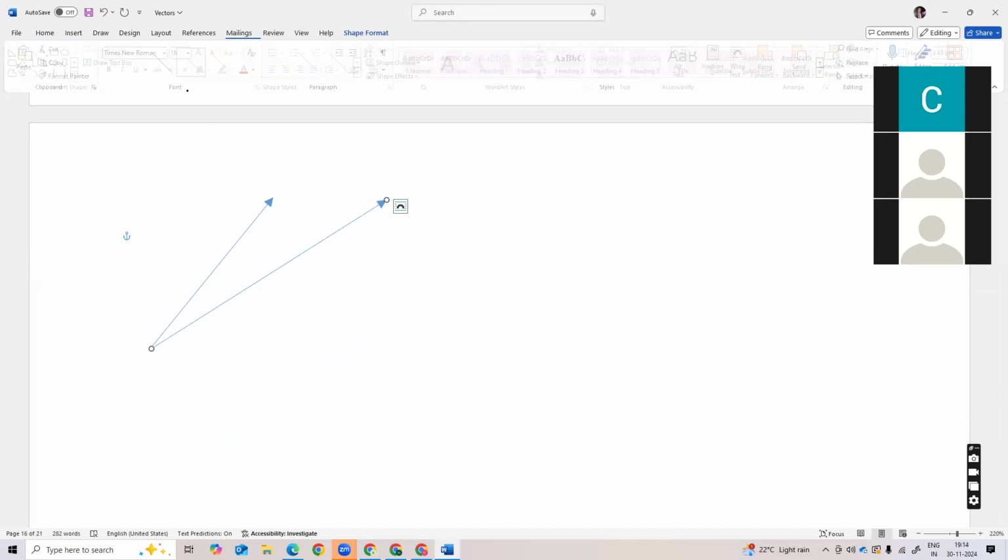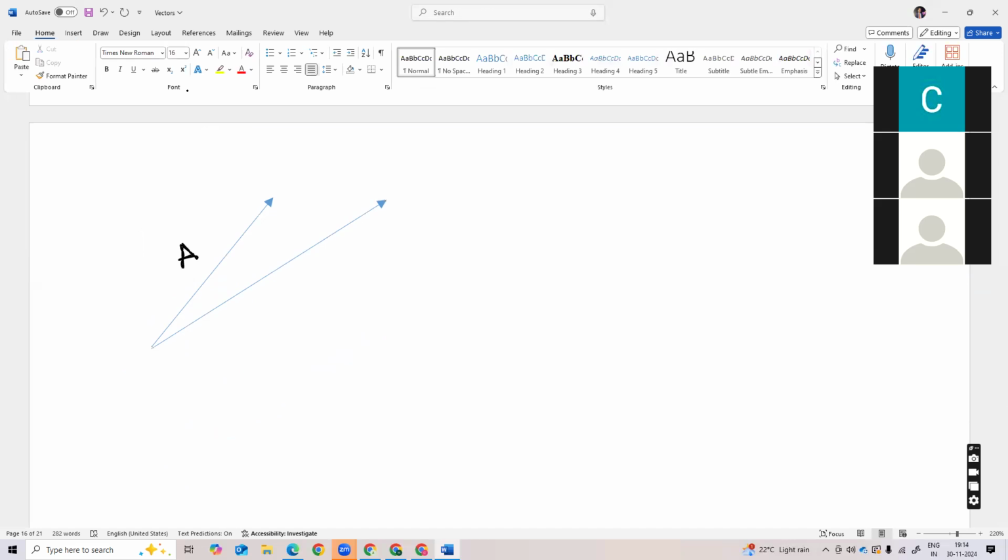Second thing, if someone asks what is the angle of this resultant, the resultant will be somewhere in between. If someone asks what angle the resultant is making with the x-axis, what is this theta R, theta of the resultant, what you can do is make this vector B horizontal.